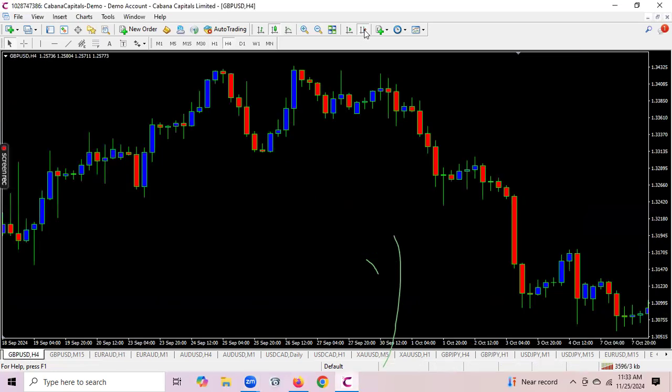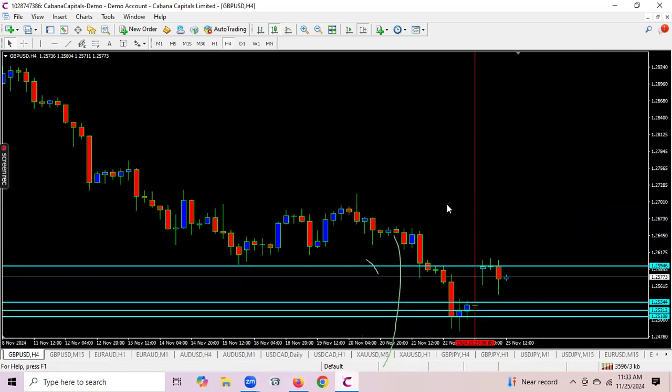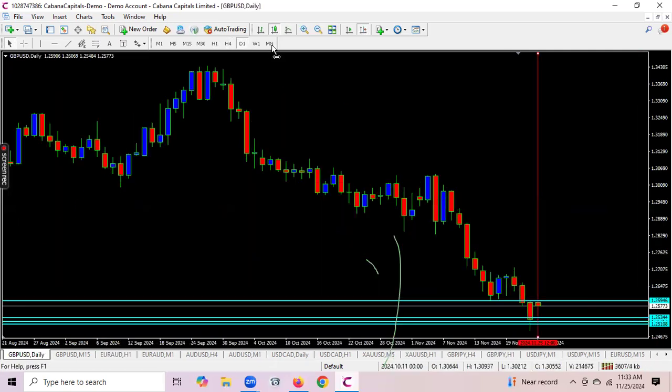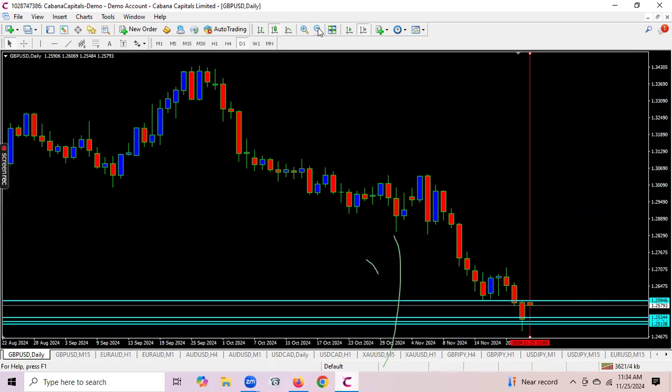Let's look at GBP/USD. My bias on GBP/USD is bearish. I'm expecting GBP/USD to clear the low of last week.